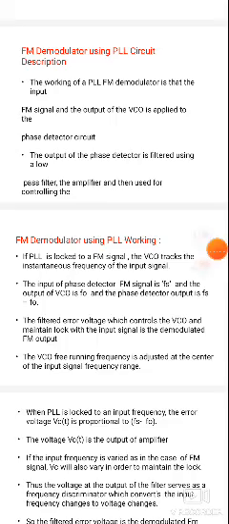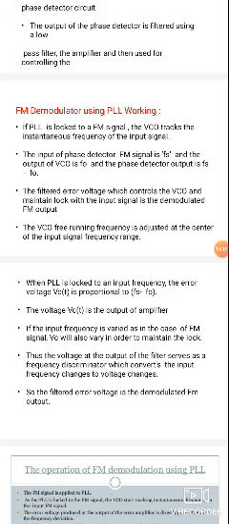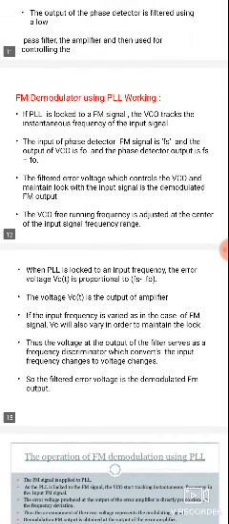The phase detector compares the input FM signal and the output of the VCO, and it produces a DC voltage proportional to the difference, that is, Fs minus F0.